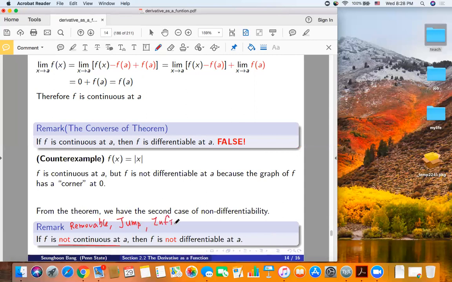We have three discontinuities. So I can check this kind of thing. We have graphs like this. We have a hole like this at a. What's that? This is removable discontinuity. Yep, removable discontinuity.